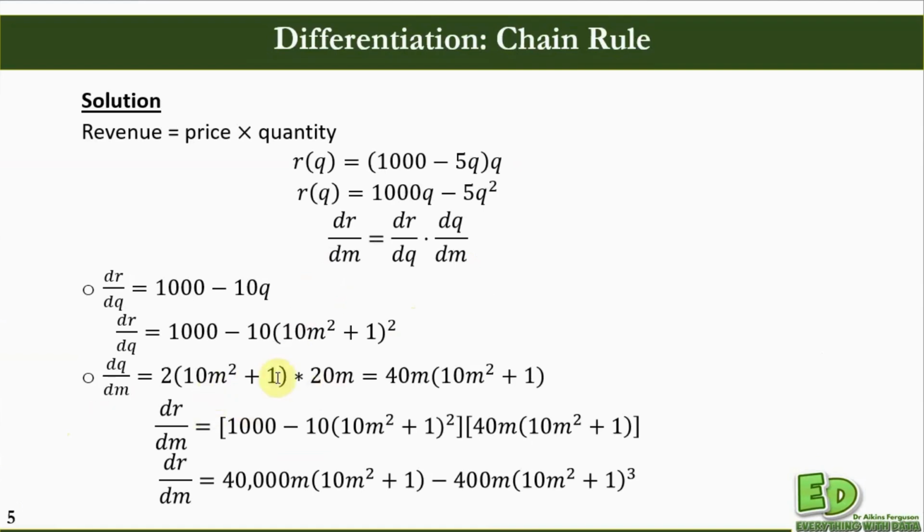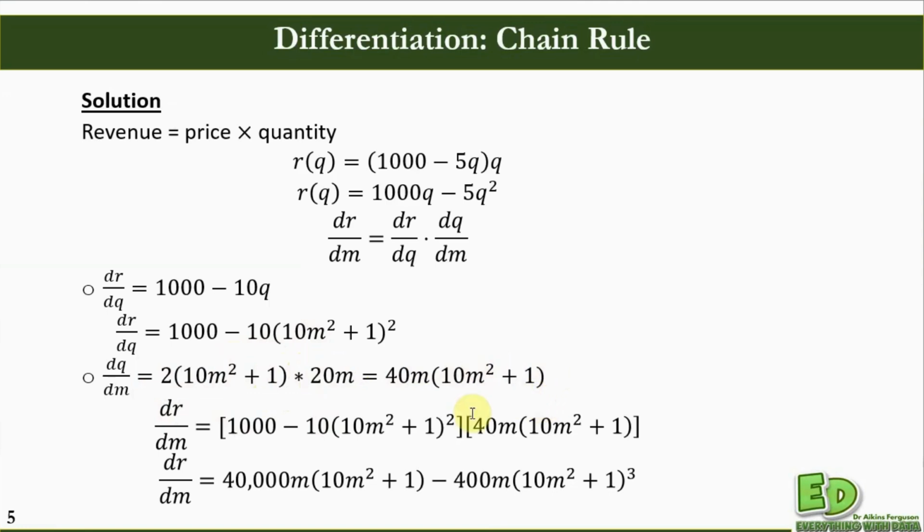To differentiate that, bring the power in front of the function, and then you have (10m squared plus 1) all to the power 2 minus 1, which gives 1. Then you multiply it by the differential of what is in the bracket, so 10m squared plus 1, times 20m. So 2 times 20m gives us 40m into bracket (10m squared plus 1), always to the power 1.